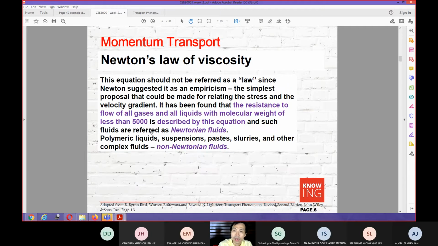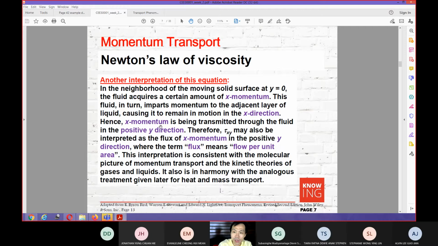So that means that this can also be viewed as the flux of the x momentum in the positive y direction, and the flux in here refers to the flow per unit area. When you refer to the flow, it is basically referring to per time. Okay, and this interpretation is consistent with the molecular picture of momentum transport and also the kinetic theories of gases and liquids.